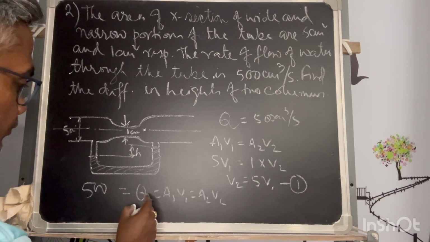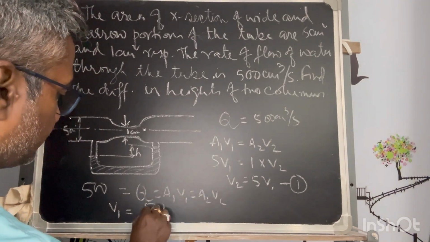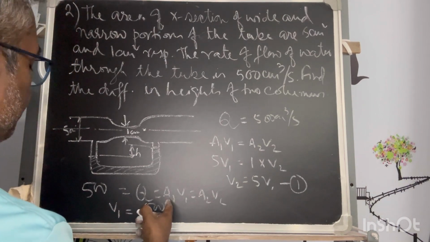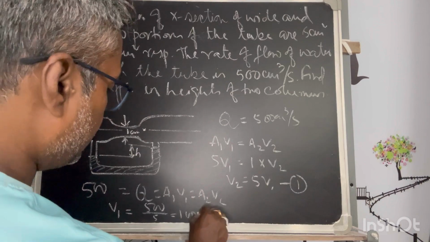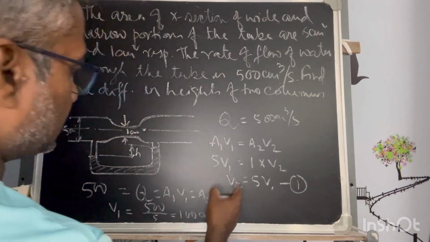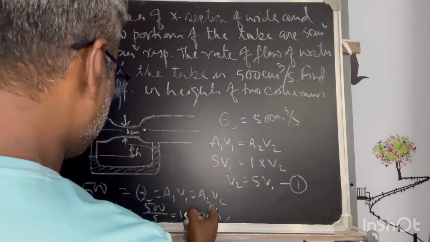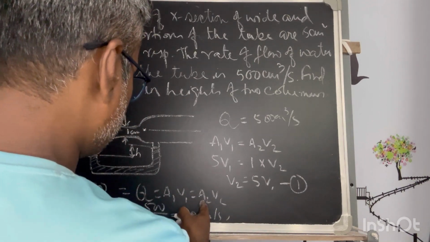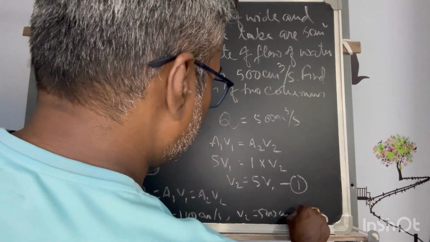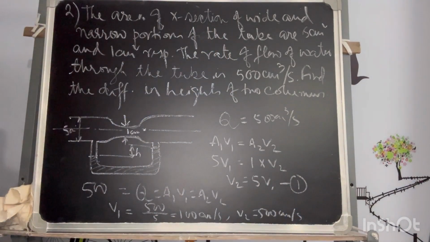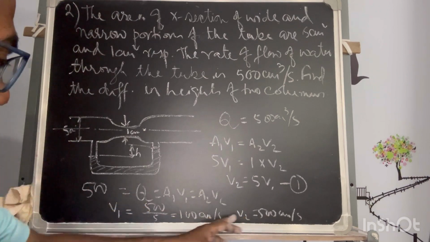So if you want to find V1, 500 upon cross section 5, so V1 is 100 centimeter per second. You need not use this equation, because from Q equal to A2 V2 also you get V2 equal to 500 centimeter per second. Both can be found. So from this one equation you can find both the velocities.